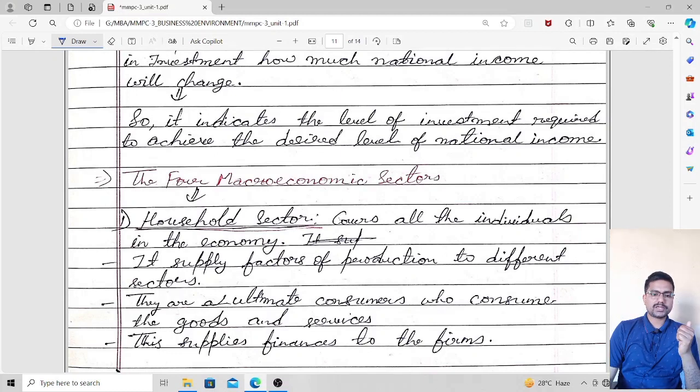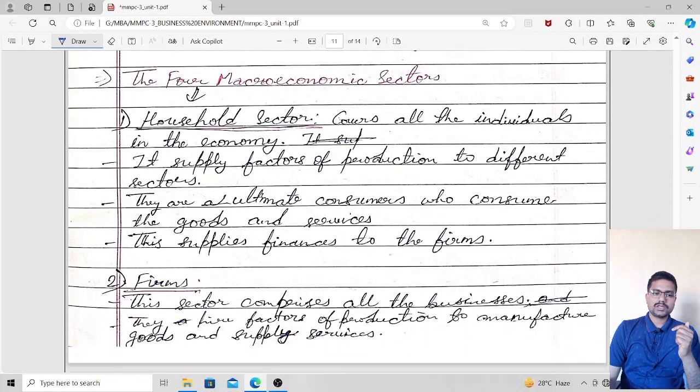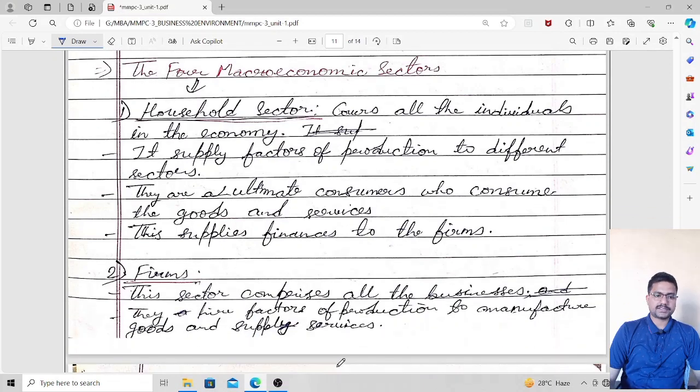Now, the macroeconomic sectors. The first one given is the household sector. On your screen you can see the household sector covers all the individuals in the economy.